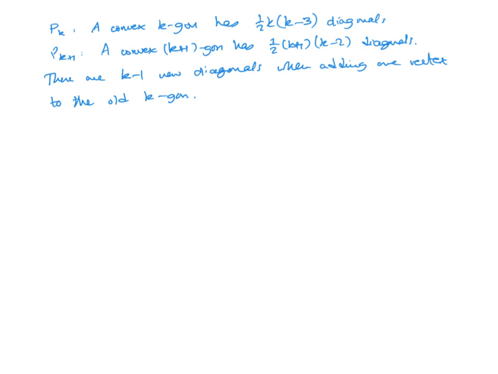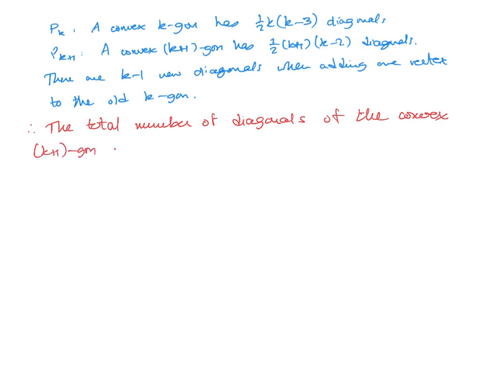So the total number of diagonals of the convex k plus 1 gon is 1/2 k(k minus 3) plus k minus 1.